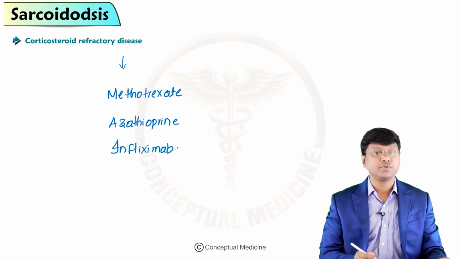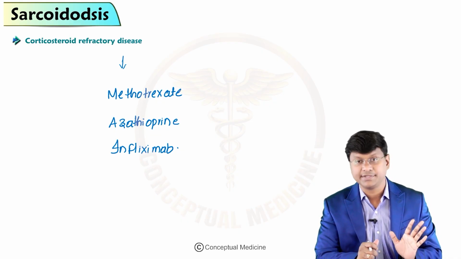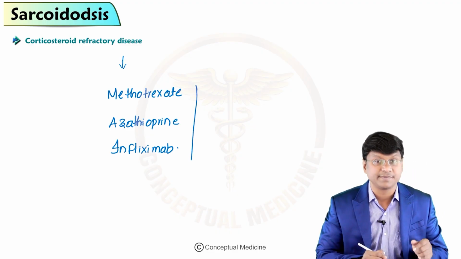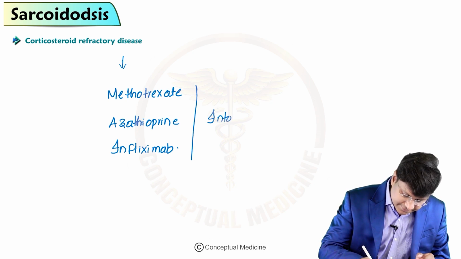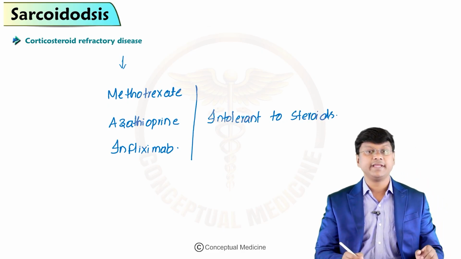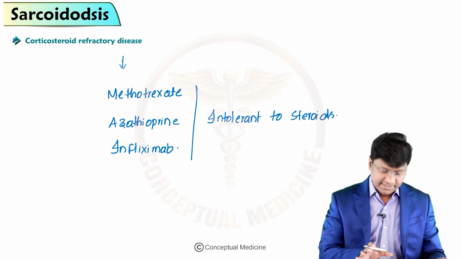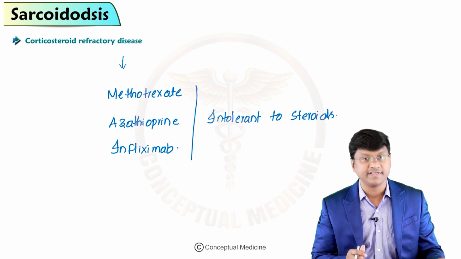So these are the immunosuppressants that we give in corticosteroid refractory scenarios, or you should use these particular immunosuppressants where the individual is intolerant to the corticosteroids. So these are the scenarios where you need to give methotrexate, azathioprine or infliximab.